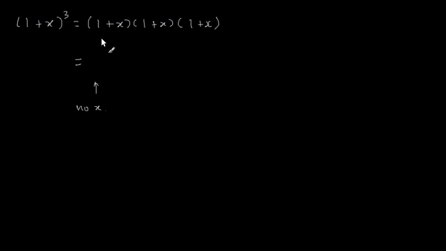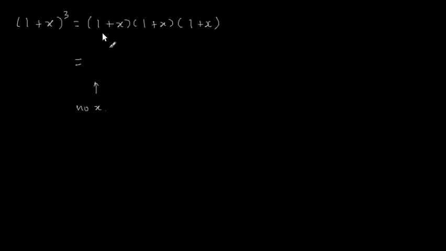If I want to pick a term with no x by picking one term from each bracket, from each bracket I'm allowed to pick either 1 or x. So I'll pick either 1 or x from here, either 1 or x from here, either 1 or x from here. And how many ways are there? Can I do it in such a way that I end up with no x?